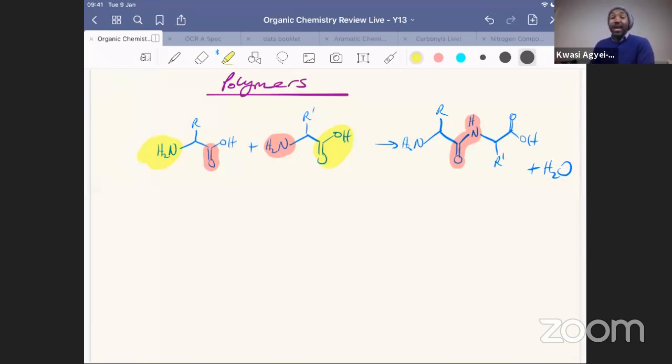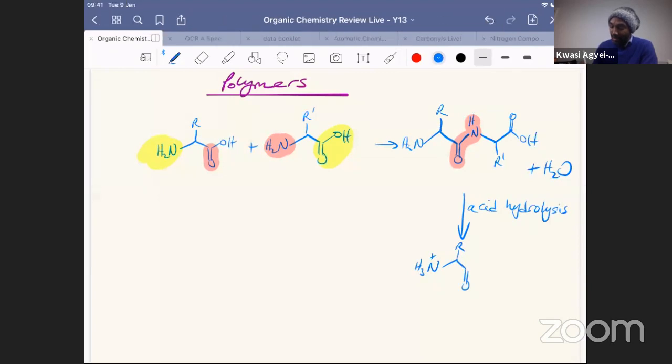Now, we can hydrolyze amide bonds just as we can hydrolyze esters. So we could break that amide linkage here. We haven't looked at hydrolysis of esters yet, but we'll take this opportunity to show the hydrolysis of that amide. If we carried out acid hydrolysis, so we used dilute hydrochloric acid or dilute sulfuric acid, then you would end up forming the ammonium species shown there, and you would have your carboxylic acid group.